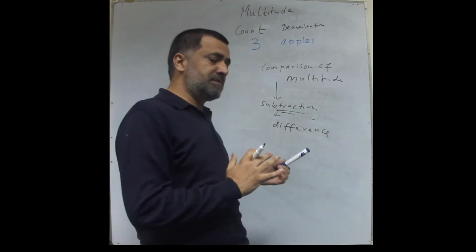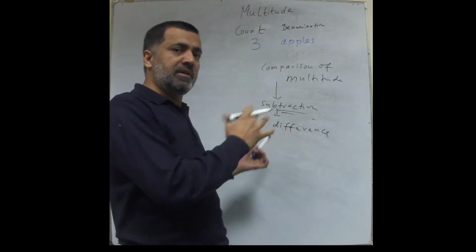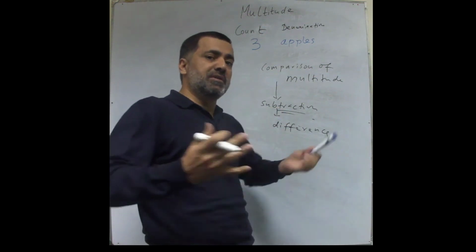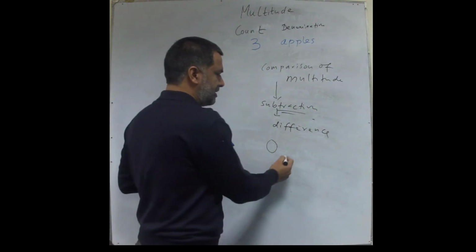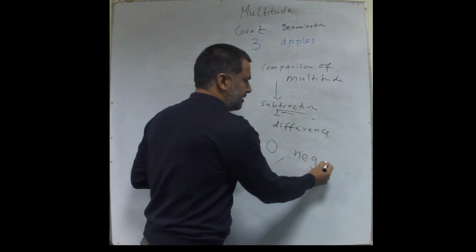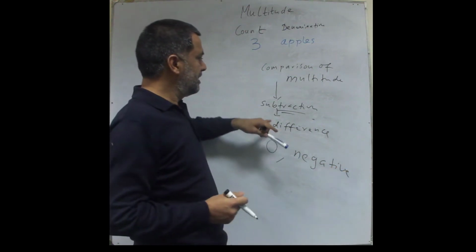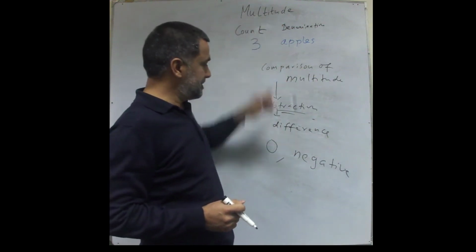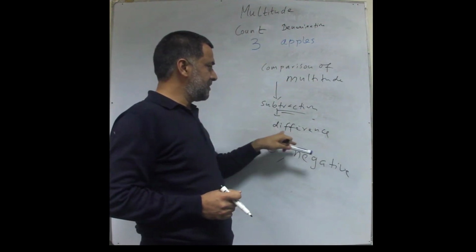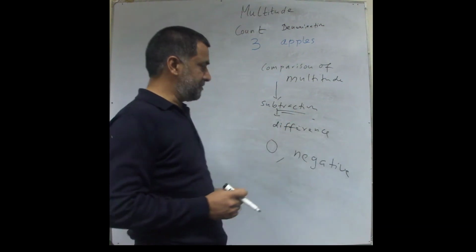Now a difference, we found out, can be positive or negative or 0. So you see, the concept of 0 and the concept of negative arises naturally when you try to compare two multitudes by subtraction, when you view something as a difference.